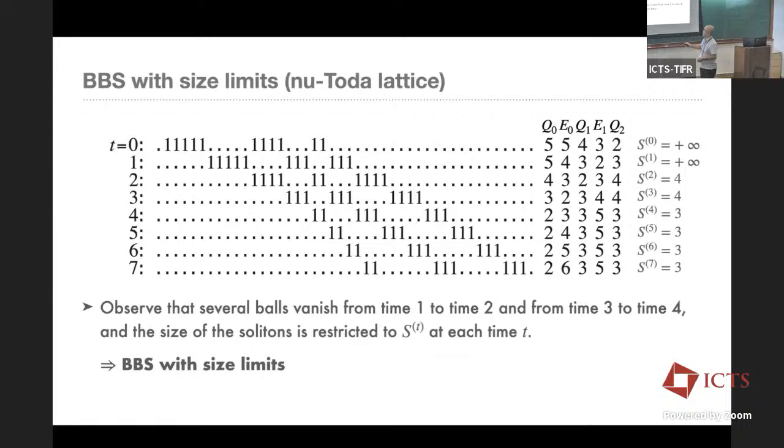And then applying the time evolution of the standard box-and-ball system means just moving to the nearest empty box. So all 5 should be just moved to here, and 3 to here, and 1 should be passing over these ones, and then 1, 1. Same, and the next one is also the same.